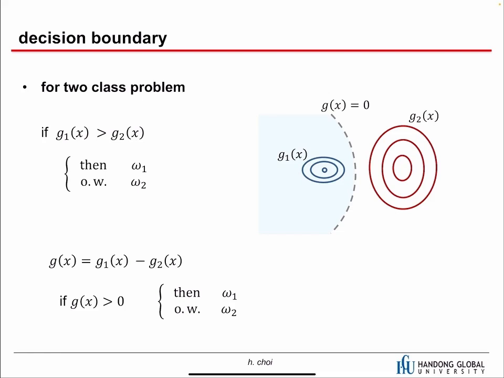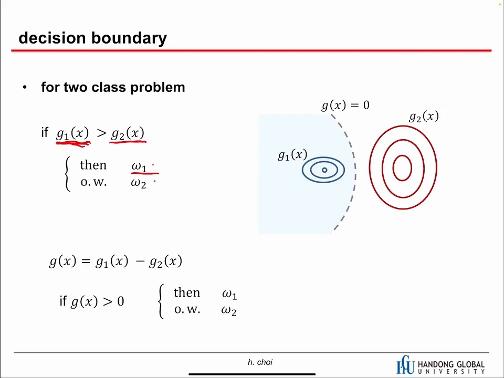Now let's talk about the decision boundary in detail. For a two-class problem, when we have sub-functions like g sub 1 and g sub 2, depending on the evaluation, we can classify x into class 1 or class 2. If this one is larger than this one, then it is class 1, otherwise class 2.